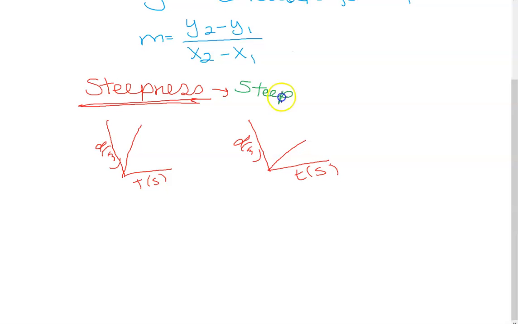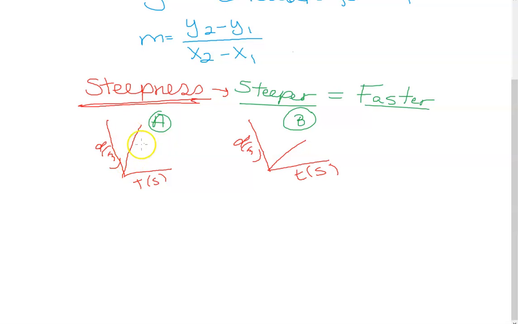Steeper is faster. Okay, that's what steepness means. So is A or is B steeper? So this one's actually steeper than this one.